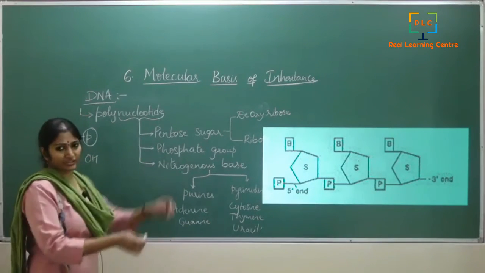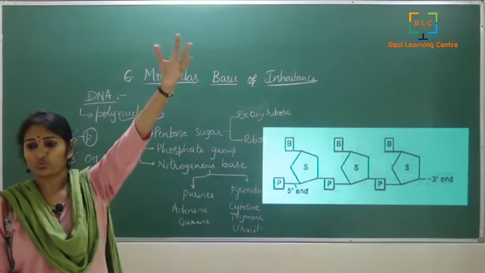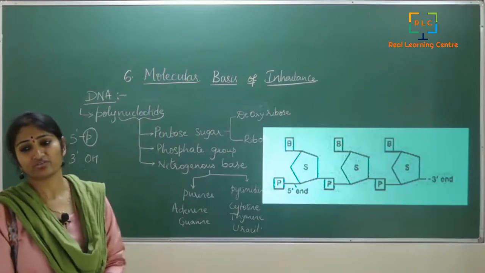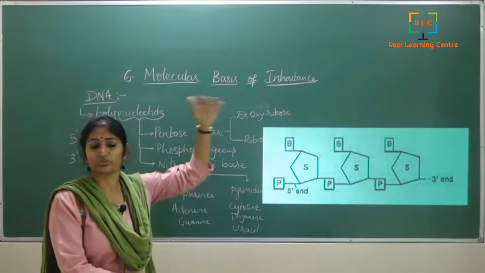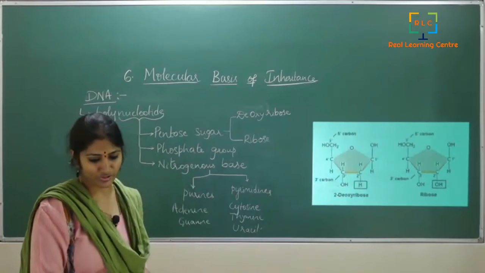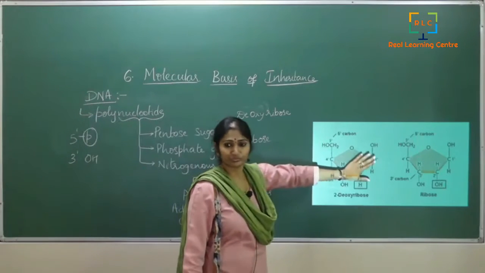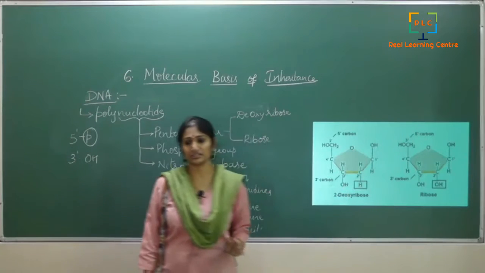So basically, if I take any DNA, there is one lower part and one upper part. One of them will have an OH group and one of them will have a phosphate group. So we call this the 3' hydroxyl group and the 5' phosphate group. Now just look at this structure here. This is the structure of the ribose sugar and the deoxyribose sugar.